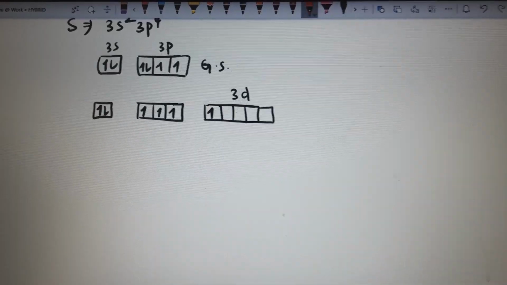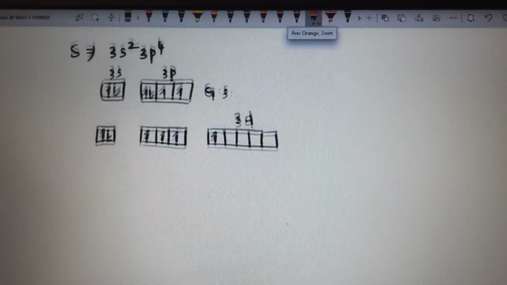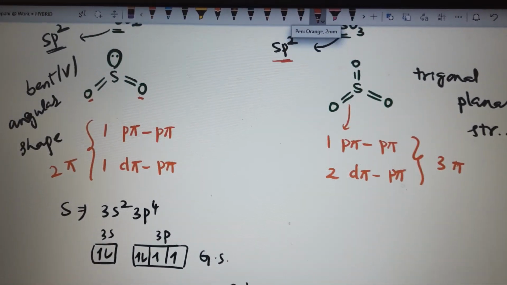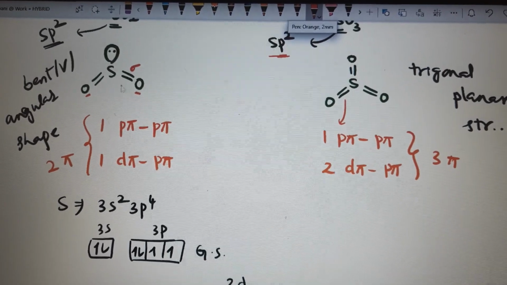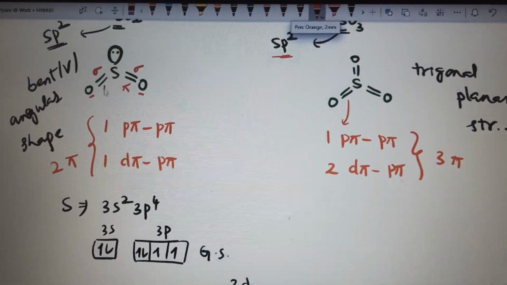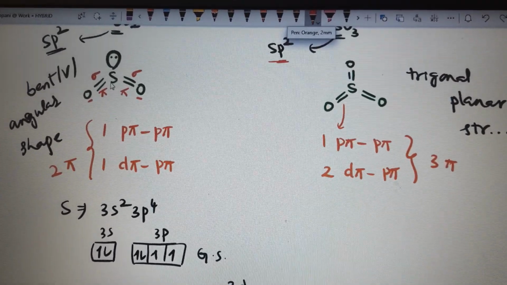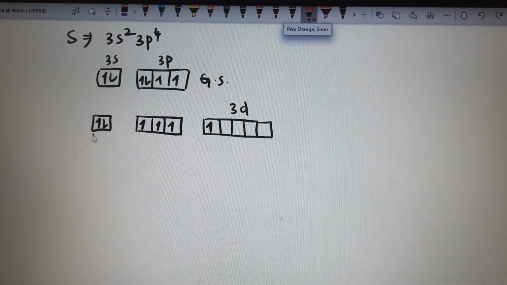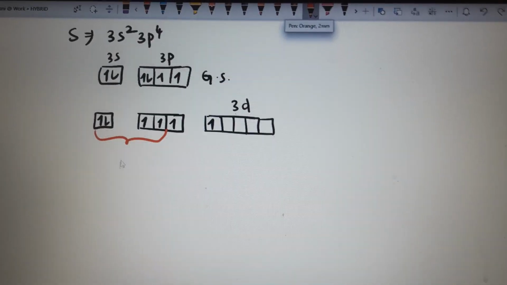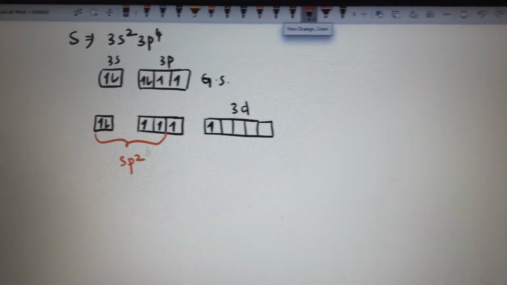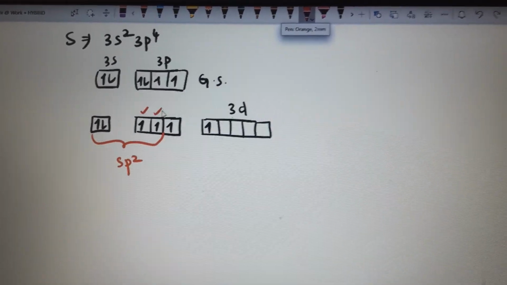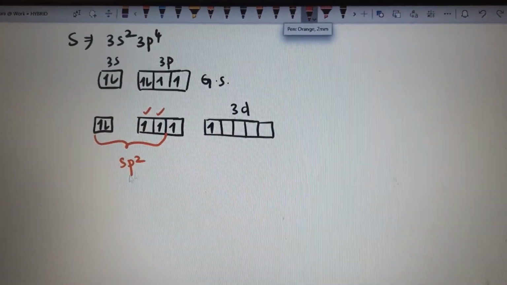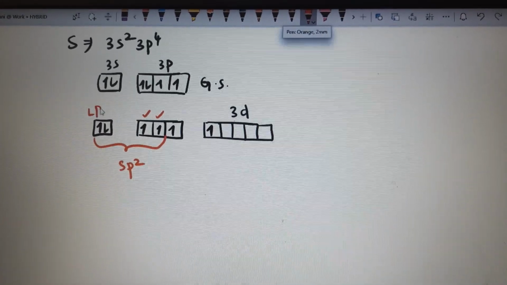Now, being sp2 hybridized, how many sigma bonds are there in SO2? One is sigma, another one pi; one is sigma, another one pi. So two sigma bonds. The sp2 hybrid orbitals are involved in sigma bond formation: two sigma bonds are formed, and one is a lone pair.